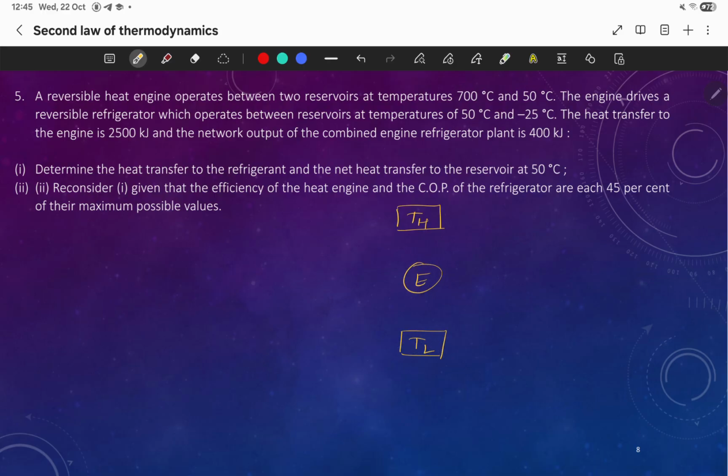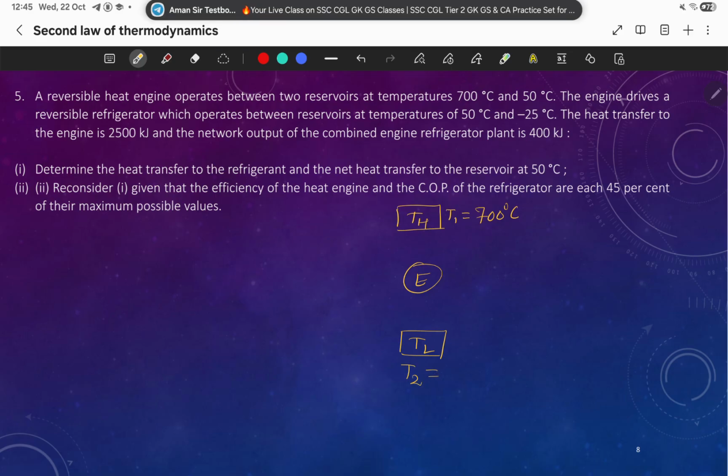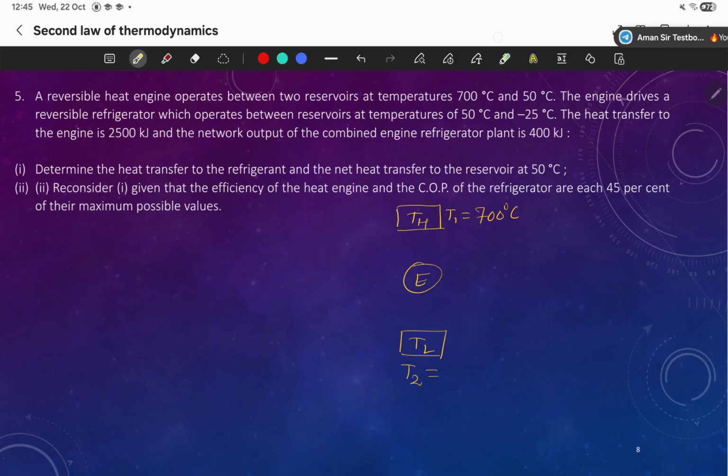This heat engine operates between two reservoirs at temperatures of 700 degrees Celsius, taking TH as 700 degrees Celsius, and TL as T2 as 50 degrees Celsius.